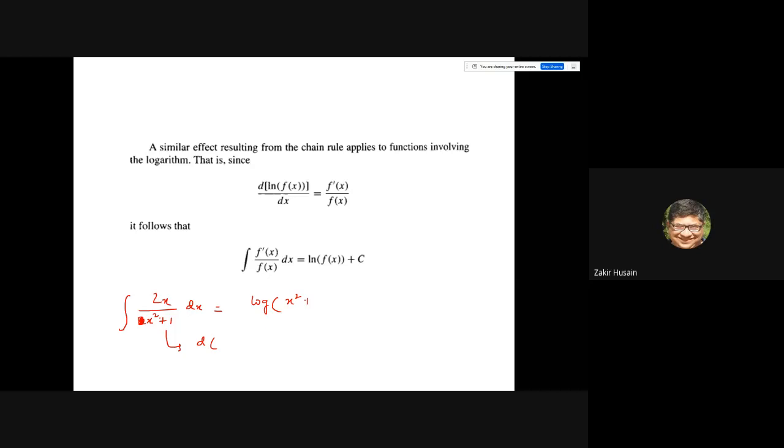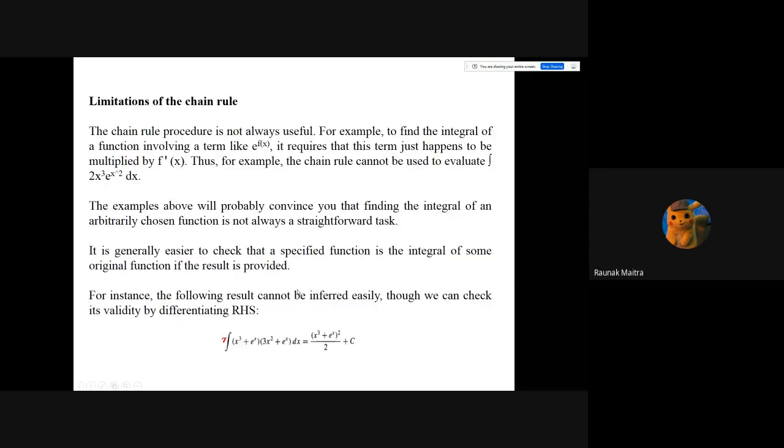Okay, so we have used the chain rule, but the chain rule may not always be useful. If we have some complicated terms like this, I mean, if we have a case when e to the power of fx is multiplied by f prime x, then fine, we can apply the chain rule.